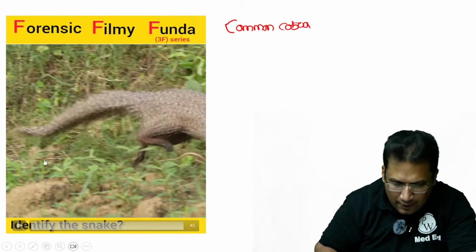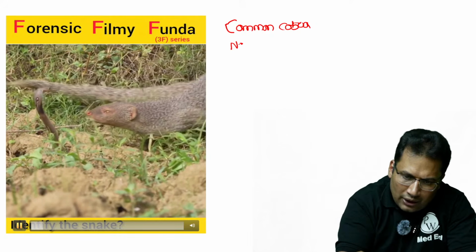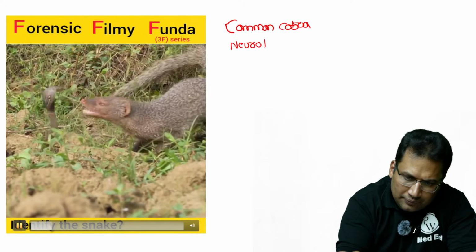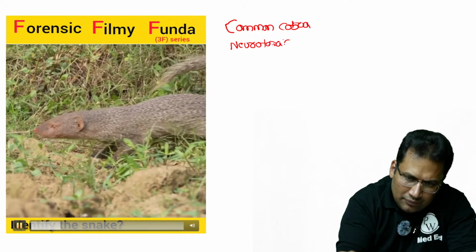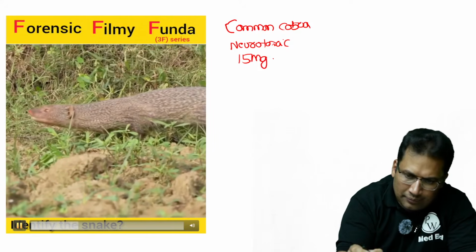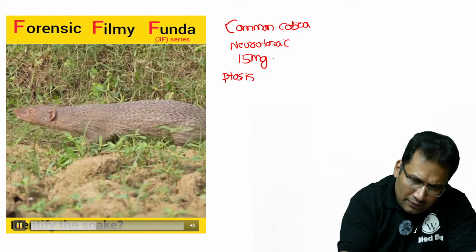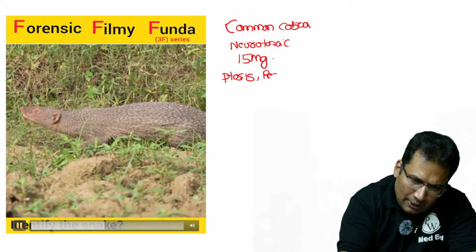Common cobra. You can watch once again. The common cobra is neurotoxic. The fatal dosage 15 milligram. What are the clinical features? Ptosis, respiratory paralysis.